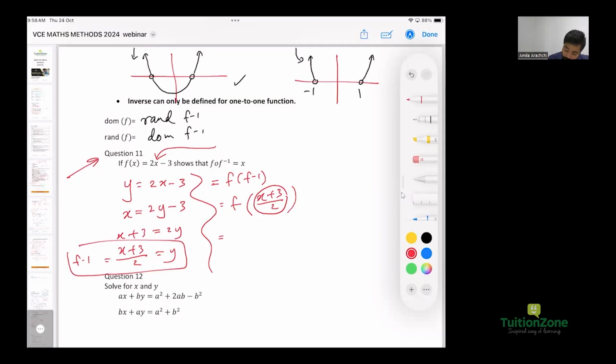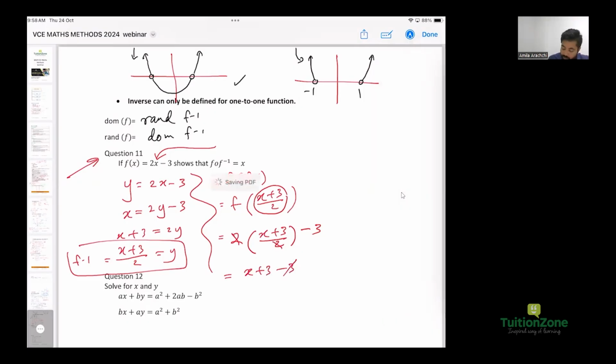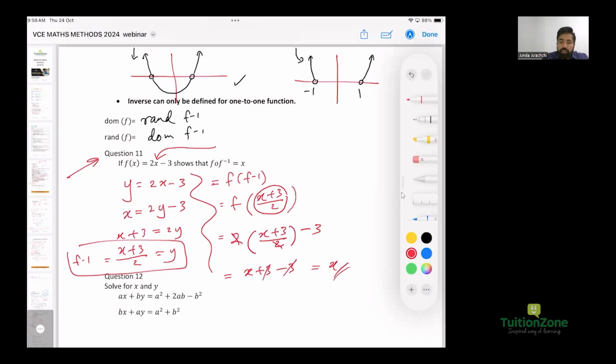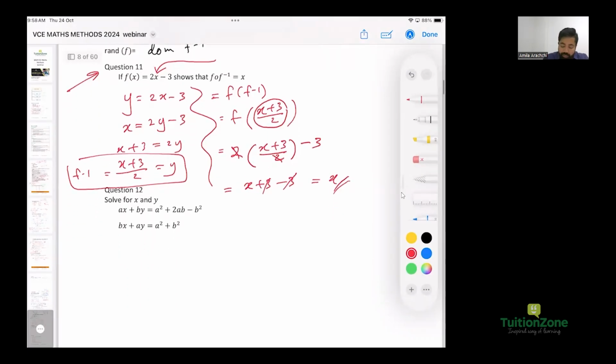So it looks like 2 bracket x plus 3 over 2 minus 3. See what's going to happen? Cancel the 2. X plus 3 minus 3 cancel again. So answer becomes just x. So the value is x. And that's what they're asking in the question to prove.